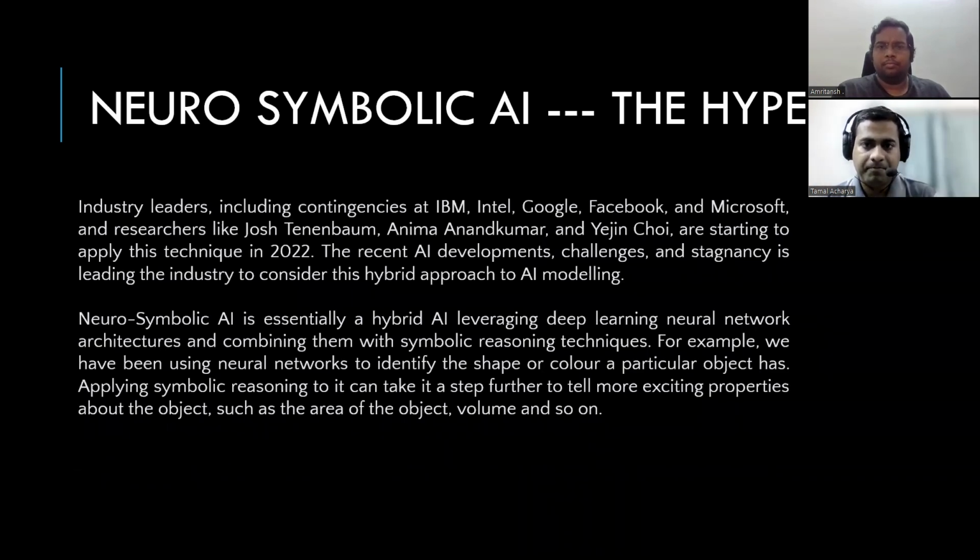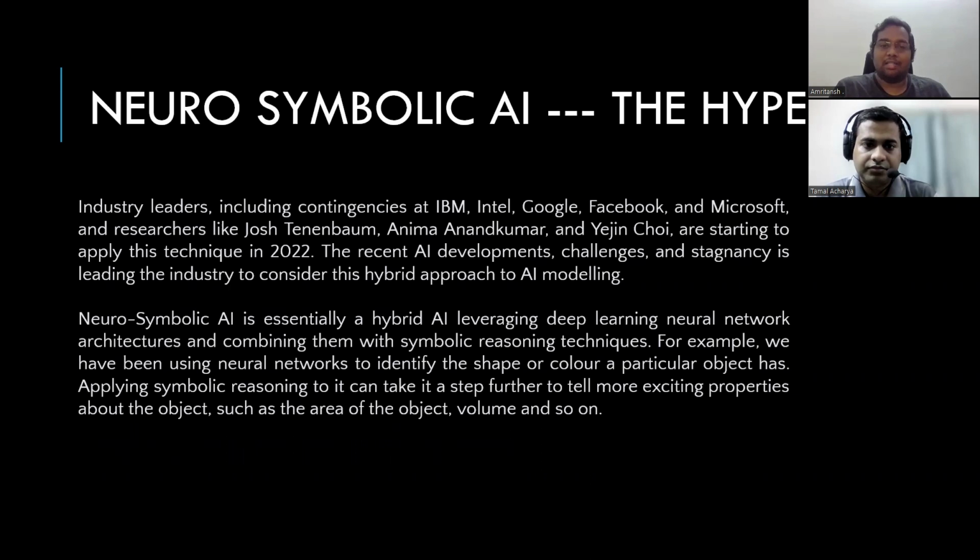So I guess let's have a discussion, and I think industry leaders from IBM, Intel, Google, Facebook, Microsoft, and a lot of top researchers like Josh Tenenbaum, Animashree Anandkumar, and Yejin Choi are starting to apply this technique in recent years, in 2022, the current year actually.